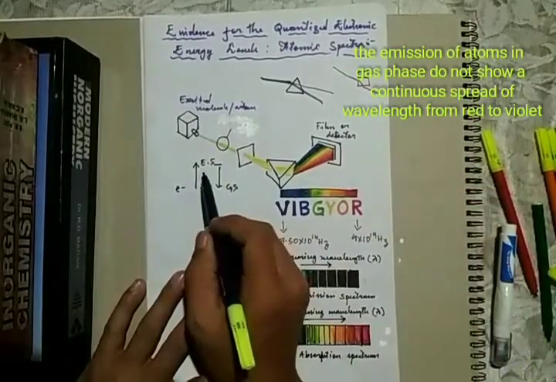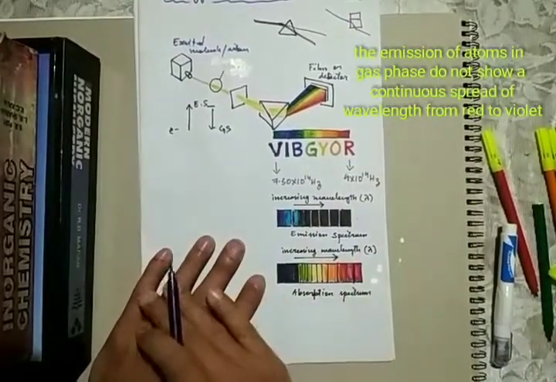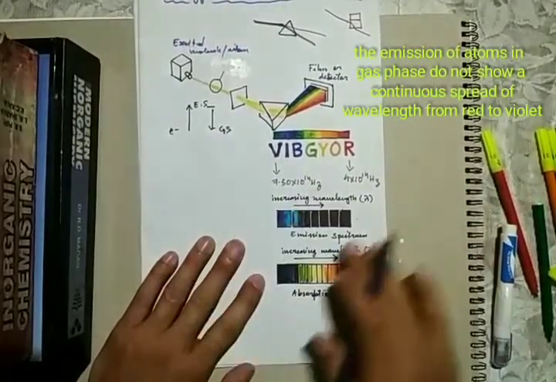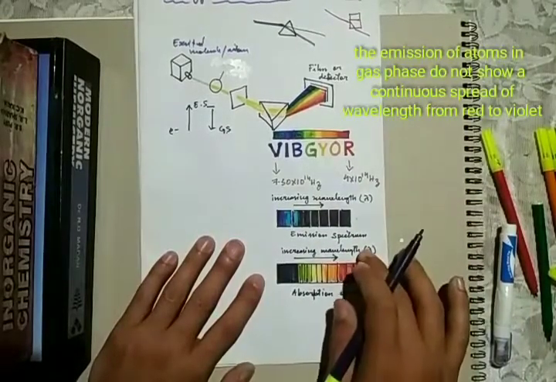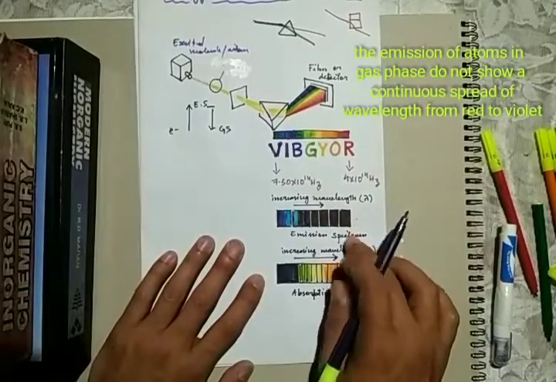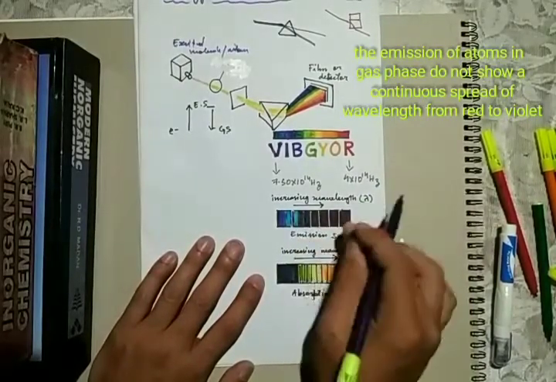That is the emission spectrum. When they give off energy, they emit a certain spectrum, represented by single lines.